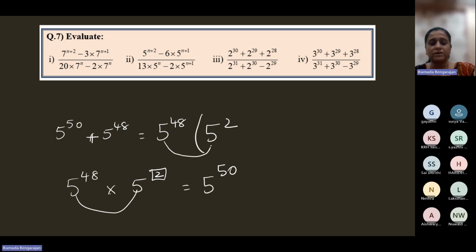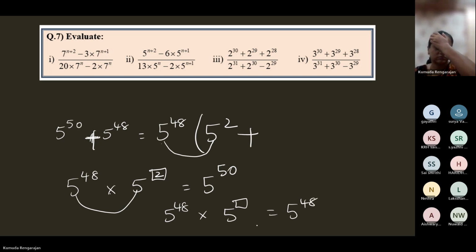Because when you multiply these two, 5 to the power 48 into 5 to the power 2, you get 5 to the power 50. Plus 5 to the power 48 into 5 to the power what will give you 5 to the power 48 itself? 1, ma'am. 1 will become 48 plus 1, 49.